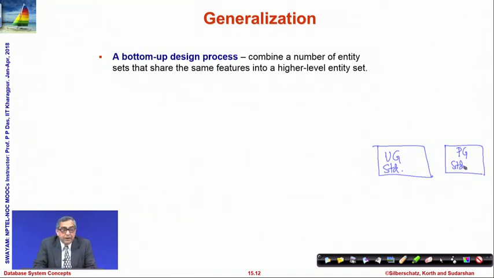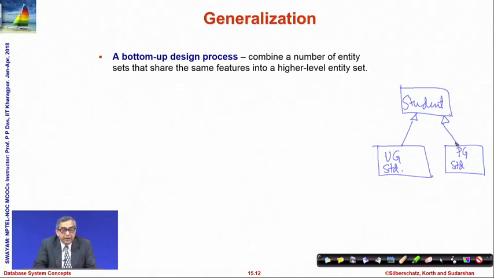Once you represent that, you find that there is a lot of information which is common between these two entity sets, like the student roll number, name, and so on and so forth. So, instead of having them as two separate entity sets, you could extract out the common attributes and put them at a higher level entity.